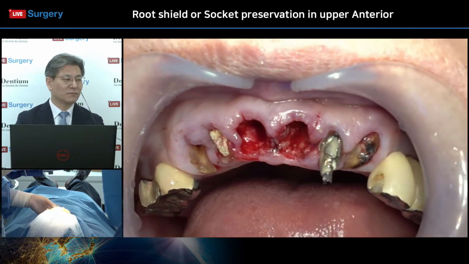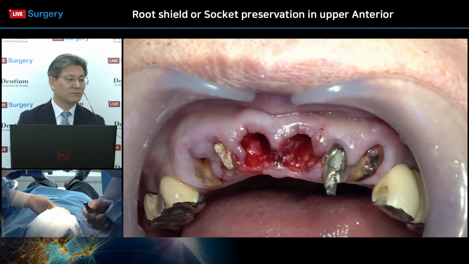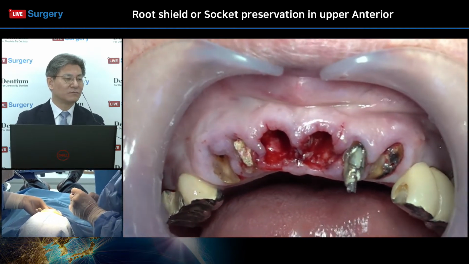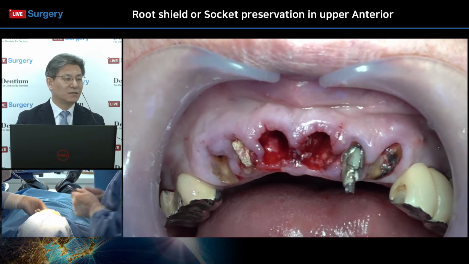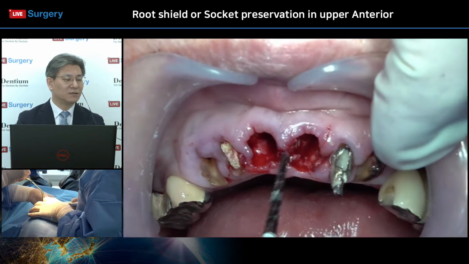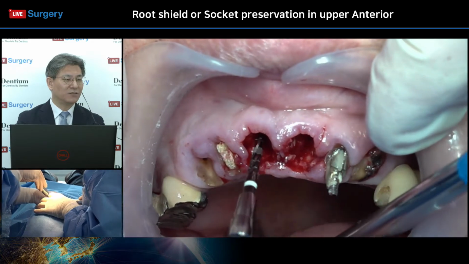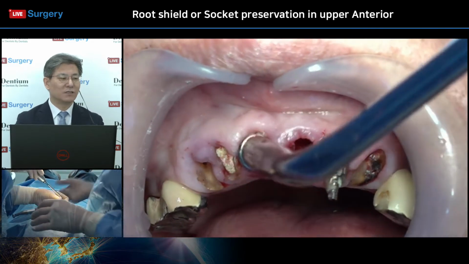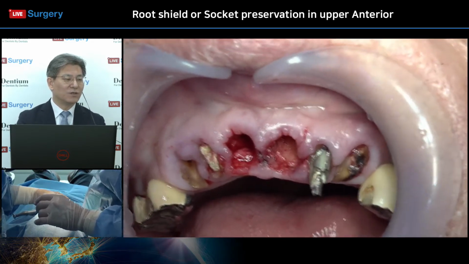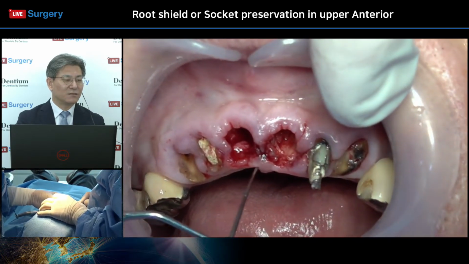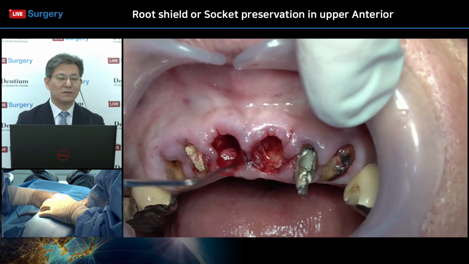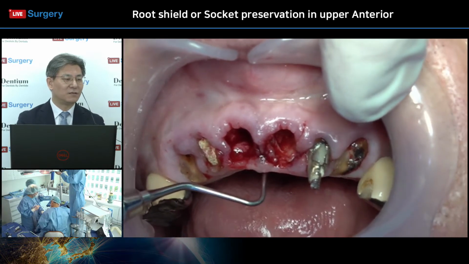After that, let's try to insert pilot drilling into the central incisor areas. With the drill extensions, we can see the direction. Direction is important, as you know. Also before that, I will try to check the position of the incisive canal.